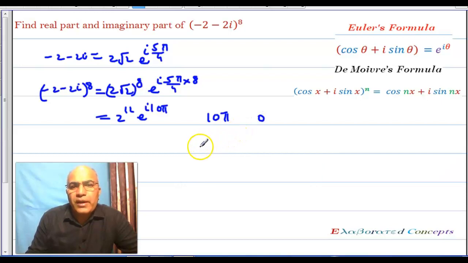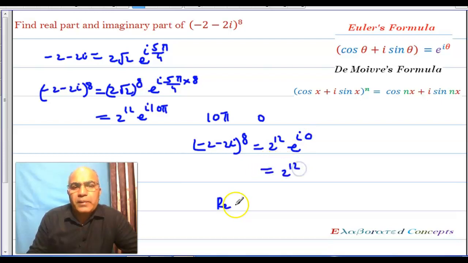Therefore, we can write minus 2 iota to the power 8 equals 2 to the power 12 times e raised to iota 0 equals 2 raised to 12, which is real.